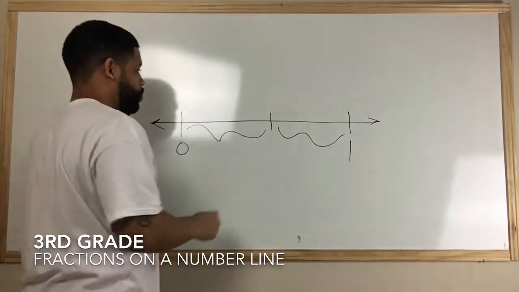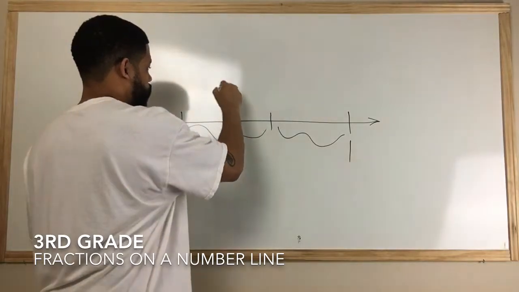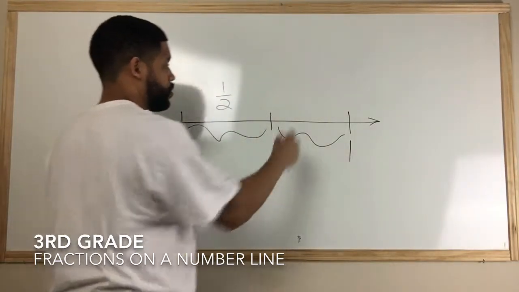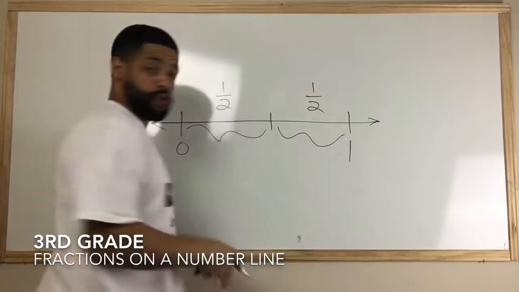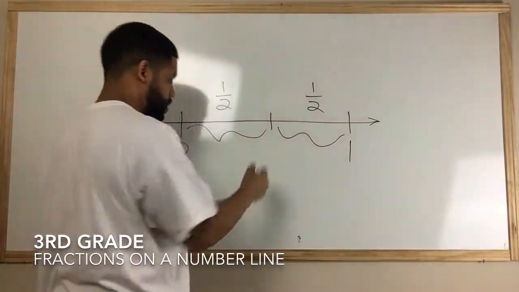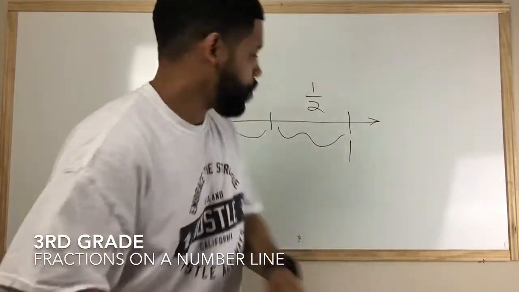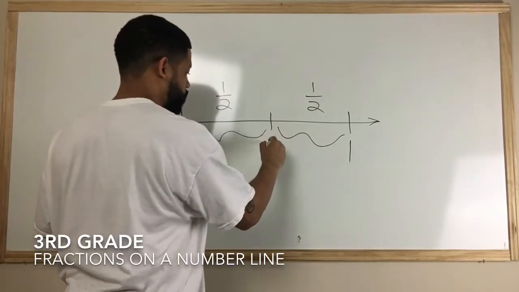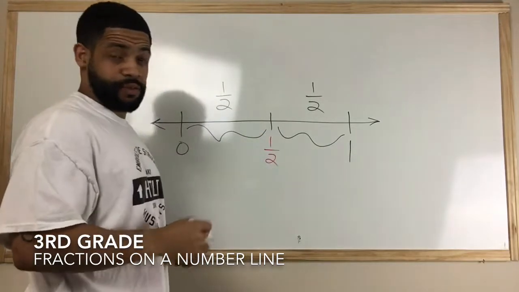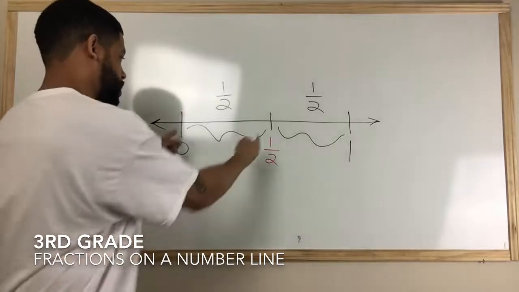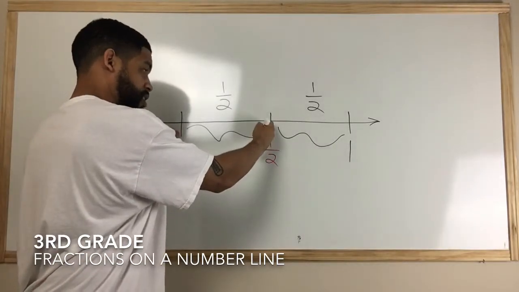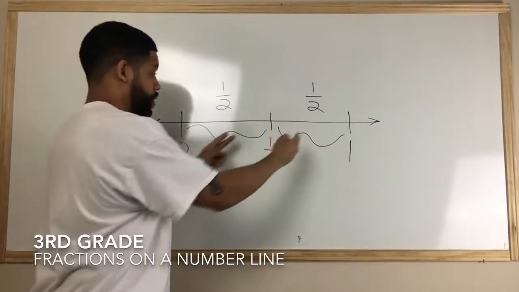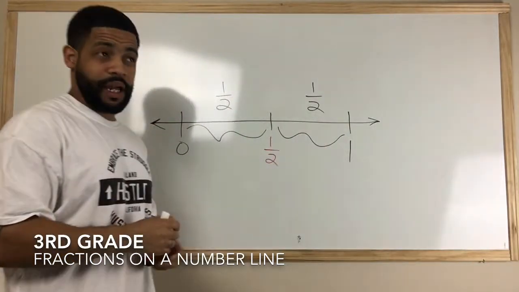This first part would be 1 out of 2, and this would be 1 out of 2. So the number represented right here in the middle would be 1/2. Notice that the distance of this section is 1/2, and this section is 1/2.